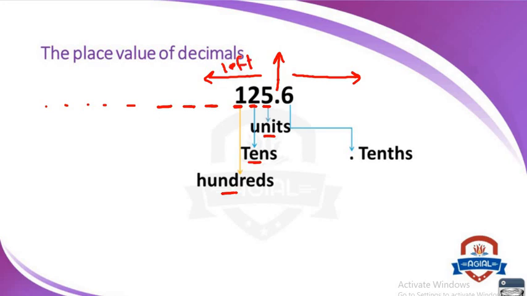At the right of the point, on the left I started from units, but here I can't start from units. I start from tenths. So the first digit after the point will be 6 tenths. What's the meaning of tenths? It means 6/10, a fraction with 10 as a denominator.